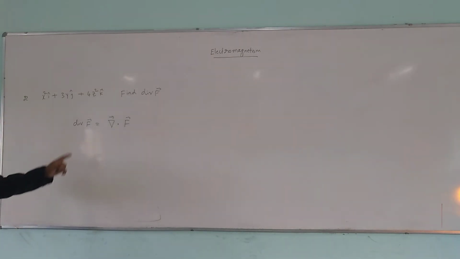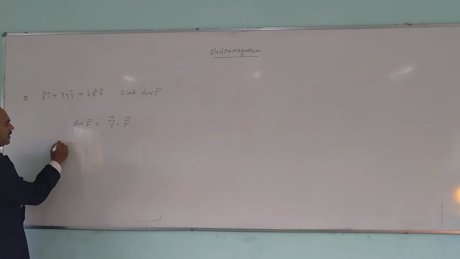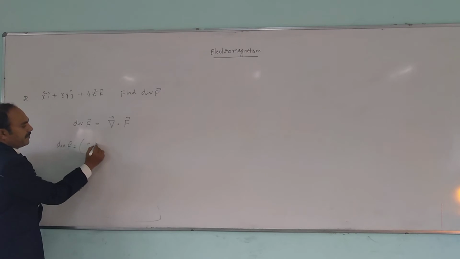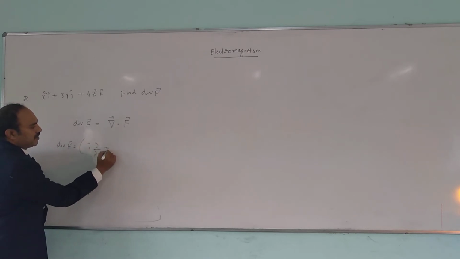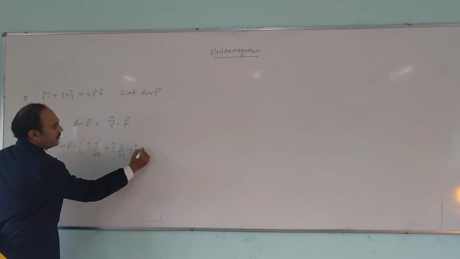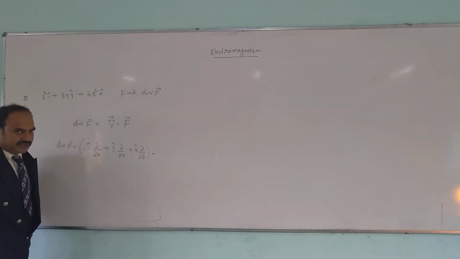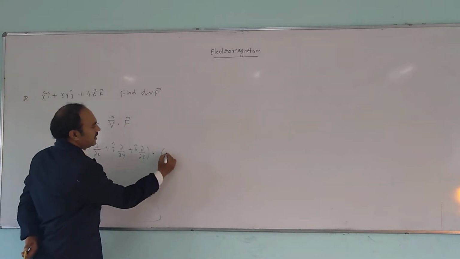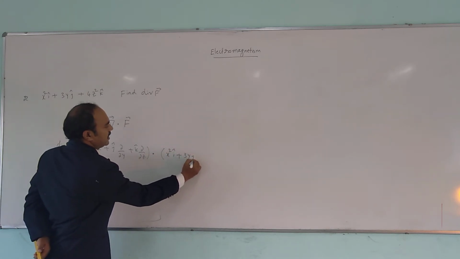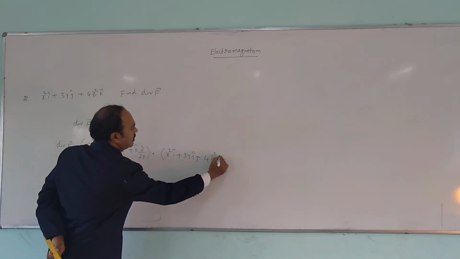So divergence of function f is equal to del dot with f again. Instead of del I can write it as i cap into dou by dou x plus j cap into dou by dou y plus k cap into dou by dou z, dotted with the vector function f. F is nothing but x square into i cap plus 3y into j cap plus 4 into z square into k cap.